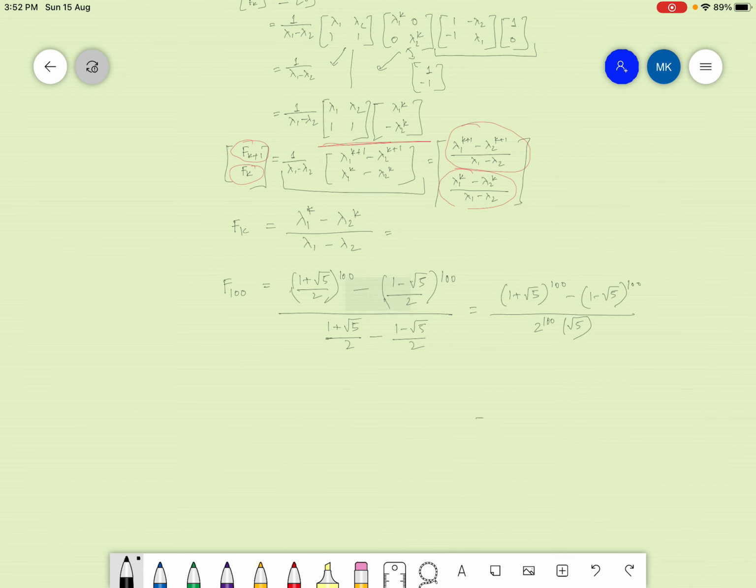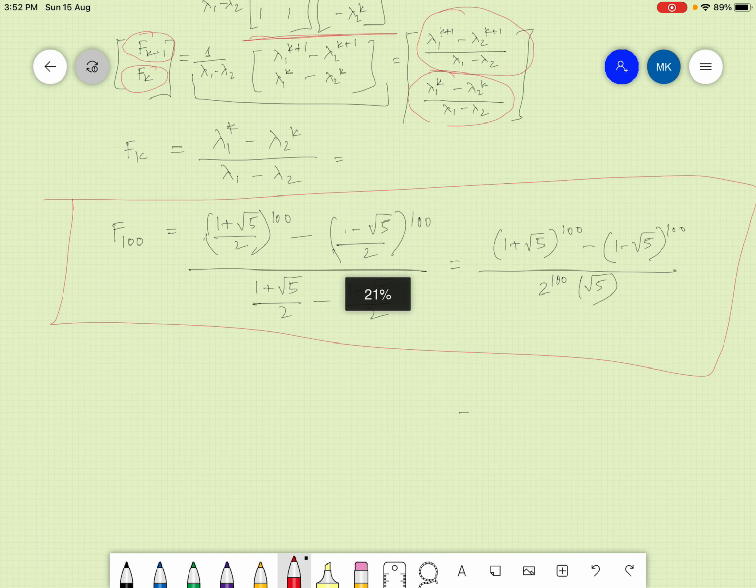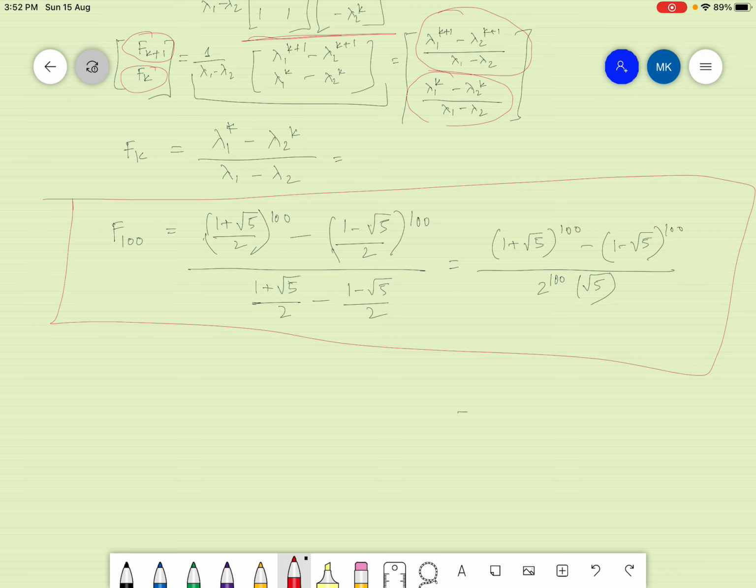So this would be the 100th term of the Fibonacci sequence. If you want to find out the 200th term, or the 1000th term, you just need to switch these values here. So as you saw, by applying the rule of diagonalization, this calculation has become really easy, right?